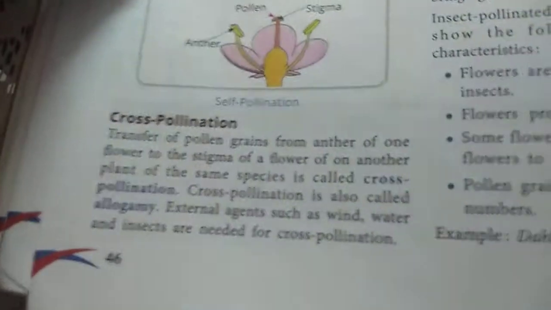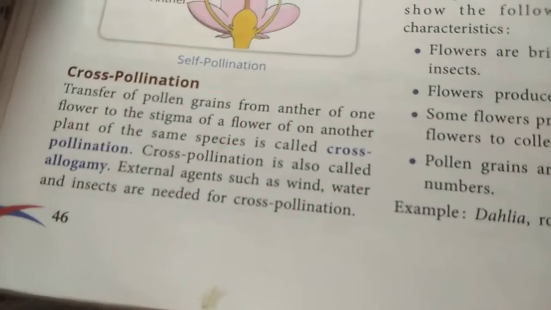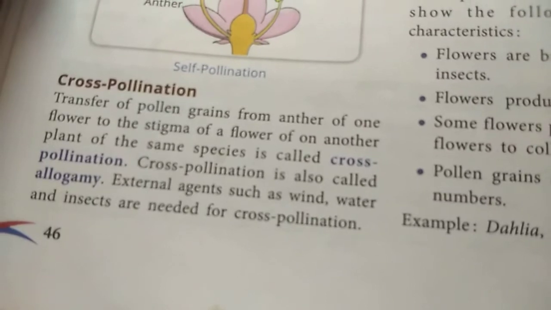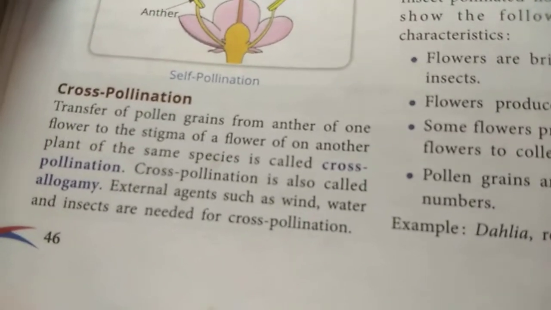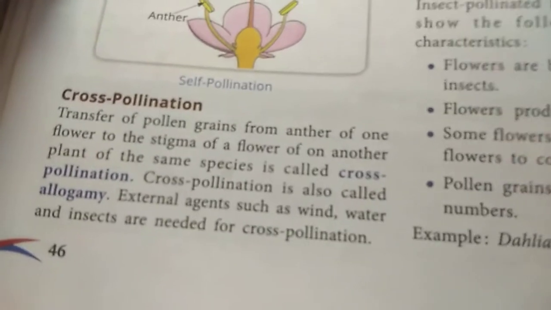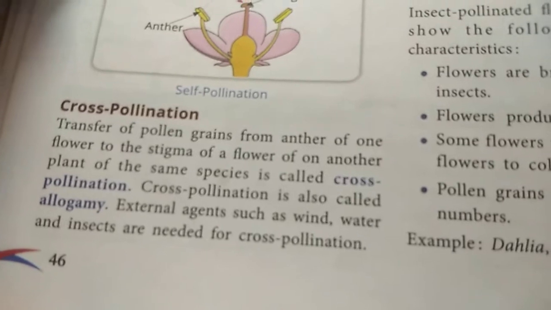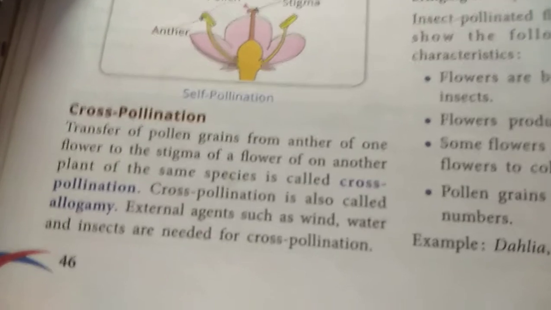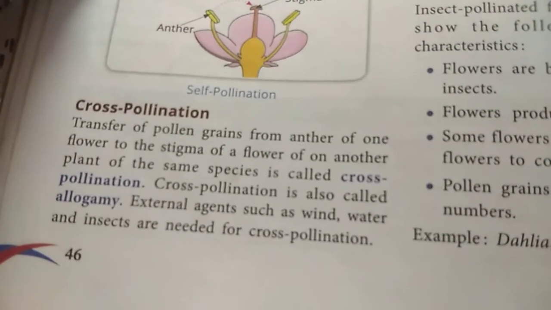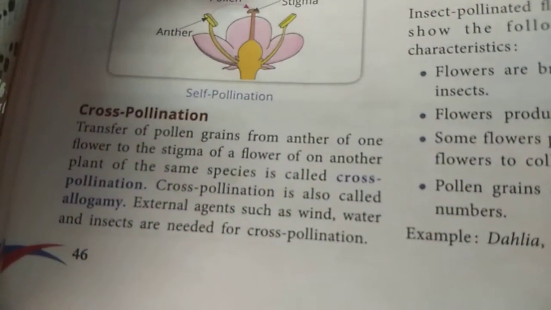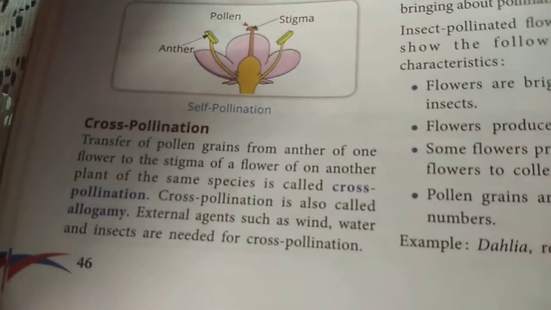If the flower is unisexual, that means one flower will have the androecium and another flower will have the gynoecium. So one flower will have pollen grain and another flower will have the ovary. For reproduction, it is necessary that the anther's pollen fuse with the eggs in the ovary.